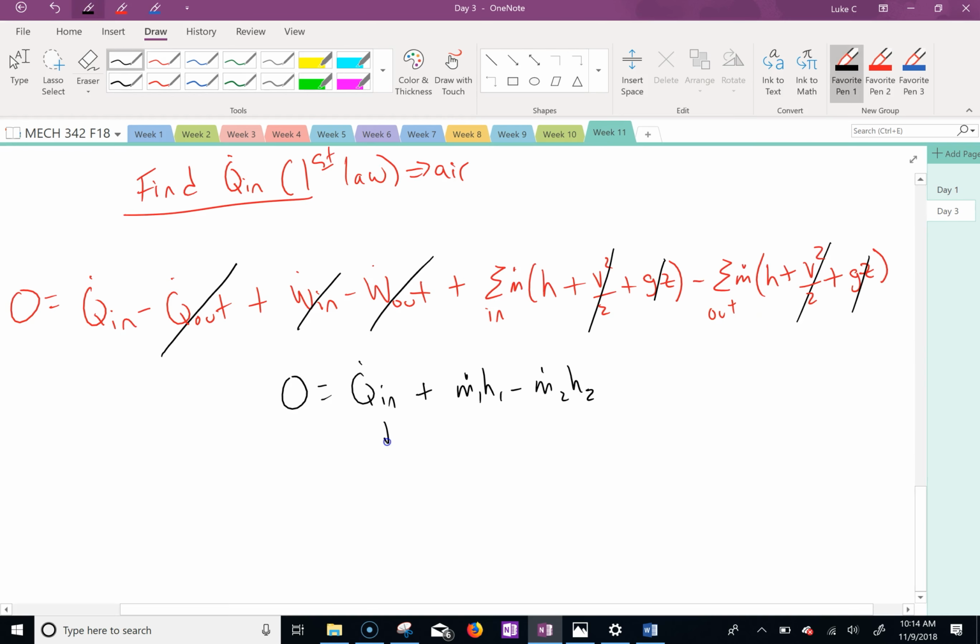So let me just rewrite this. Q dot in becomes m dot 2 h2 minus m dot 1 h1. I just switched the signs.